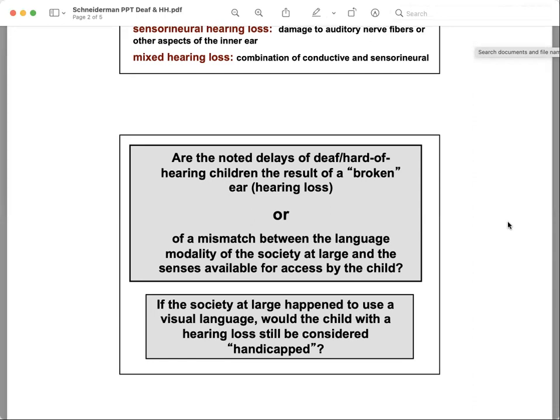If society at large was to use a visual language, and everybody was signing and watching the language, would the child have a disability anymore? No, the disability would be gone. The problem is the mismatch. The problem is that the modality our society uses is auditory and oral.